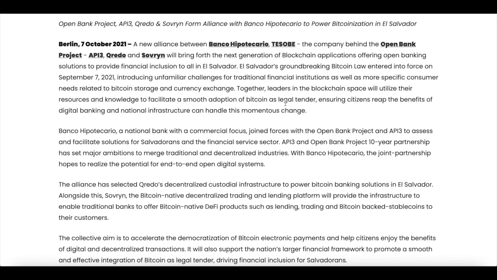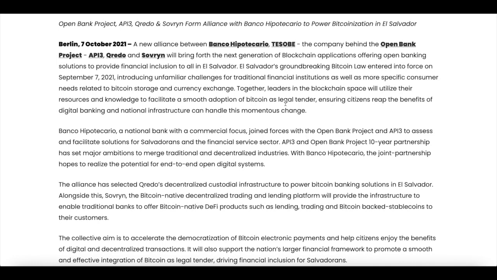Now together, leaders in the blockchain space will utilize their resources and knowledge to facilitate a smooth adoption of Bitcoin as a legal tender, ensuring citizens reap the benefits of digital banking and national infrastructure that can handle this momentous change.